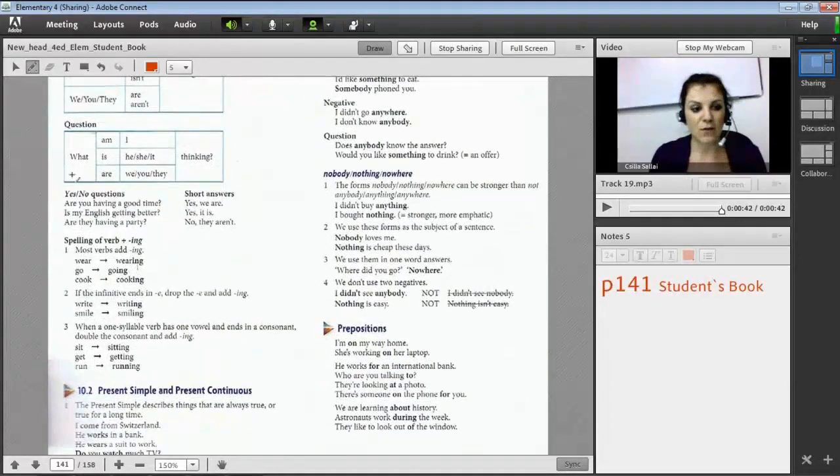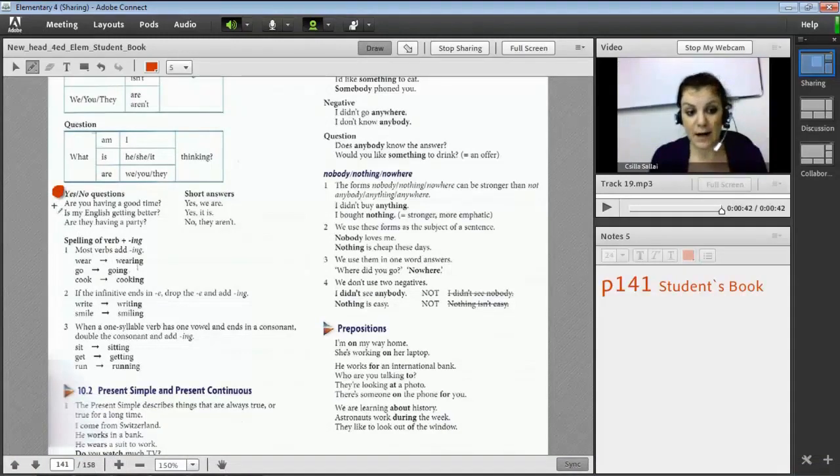And now please look at this yes or no question part. This is where you can find some more information about the yes or no questions. And basically, just a few examples here. Are you having a good time? Yes, we are. And is my English getting better?